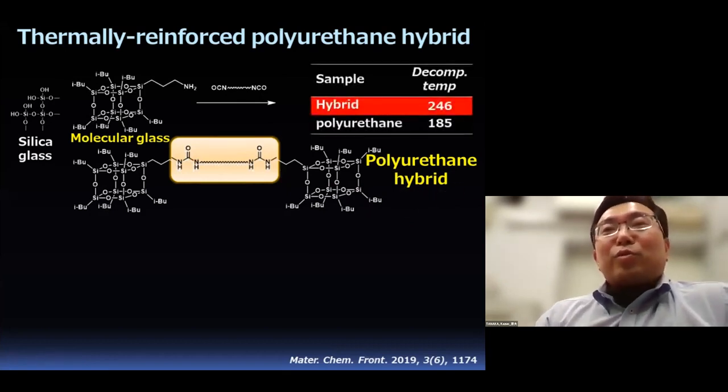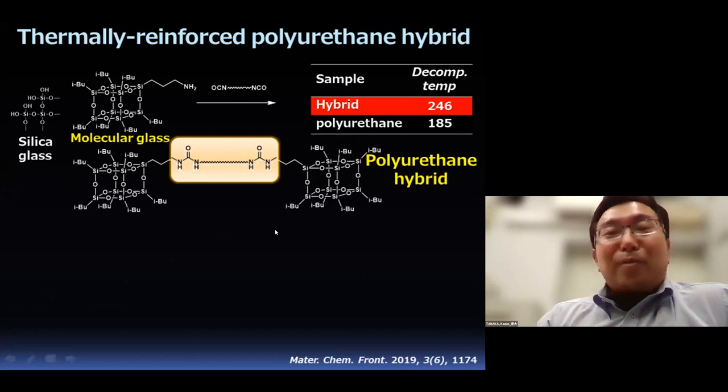We measured the decomposition temperature, and from the hybrid materials, a higher decomposition temperature was obtained. This means that by introducing molecular glasses at the end of the polymer chain, the thermal stability is greatly enhanced.